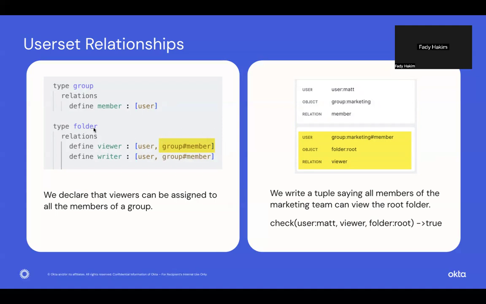So if I assign a group to a folder, any member inside that group will be able to be a viewer inside that folder. So we call this user sets. You're not assigning only one object, you assign a group of objects to another object.